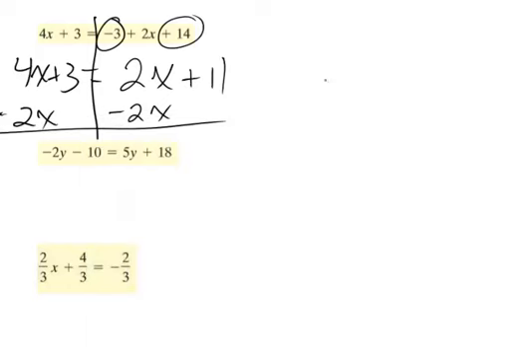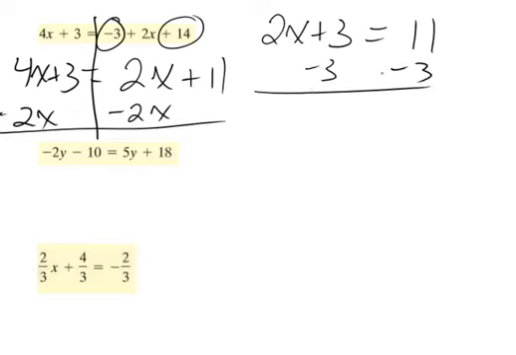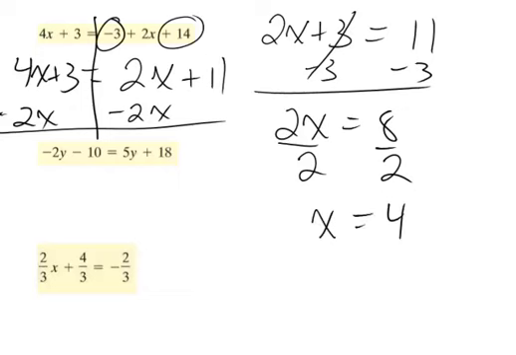That's going to leave me with 2x plus 3 is equal to 11. We can go ahead and subtract 3 on both sides. So we have 2x is equal to 8. And when we finally divide both sides by 2, I come up with x is equal to 4.